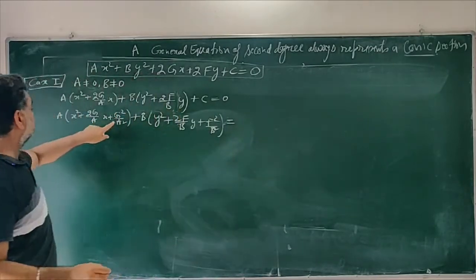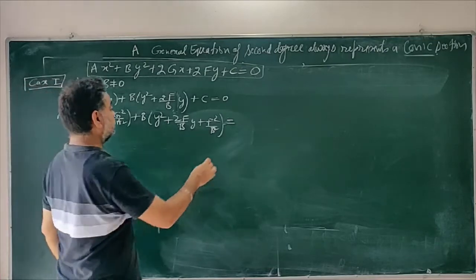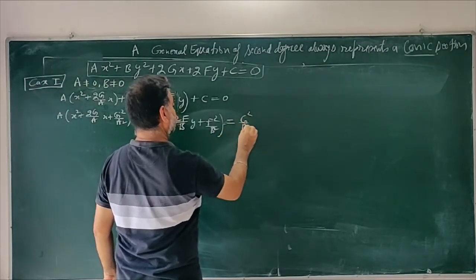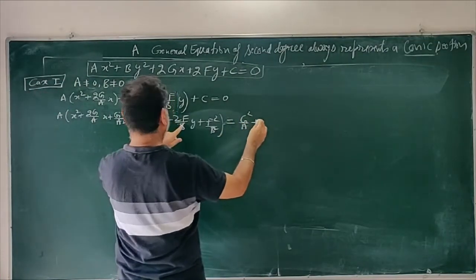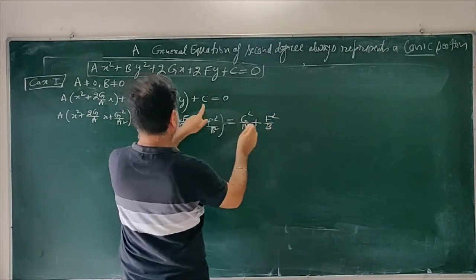And we have introduced some extra terms here, g square over a square. So multiplied by a, this is g square over a. To balance, you write g square over a here, and here you write f square over b, and minus c.